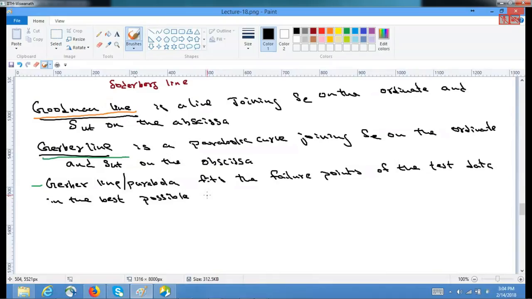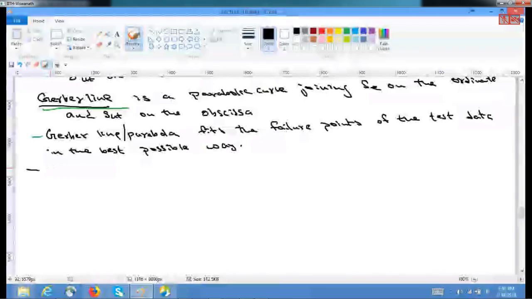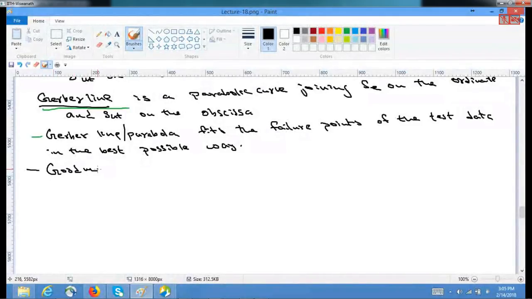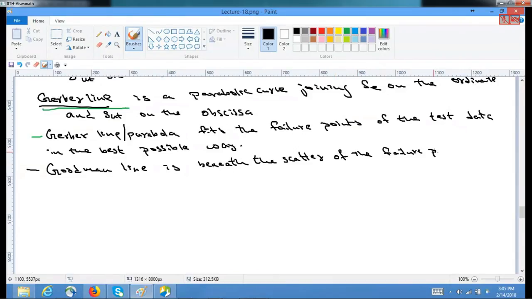Further, this Goodman line is beneath the scatter of the failure points, and hence it is safer.